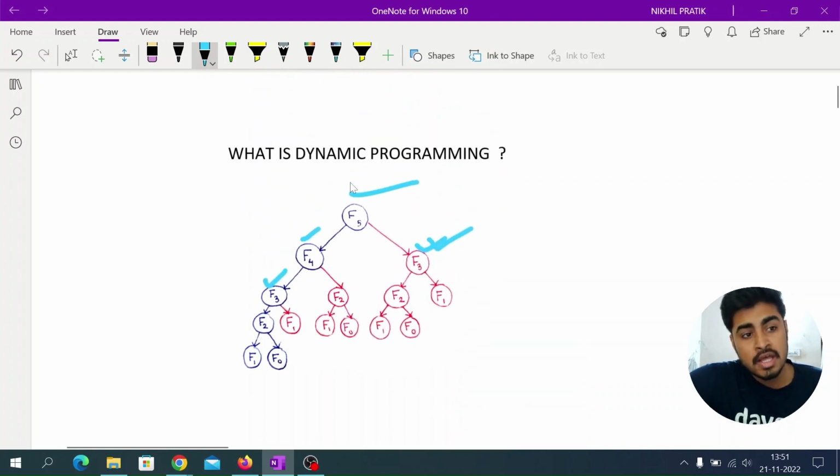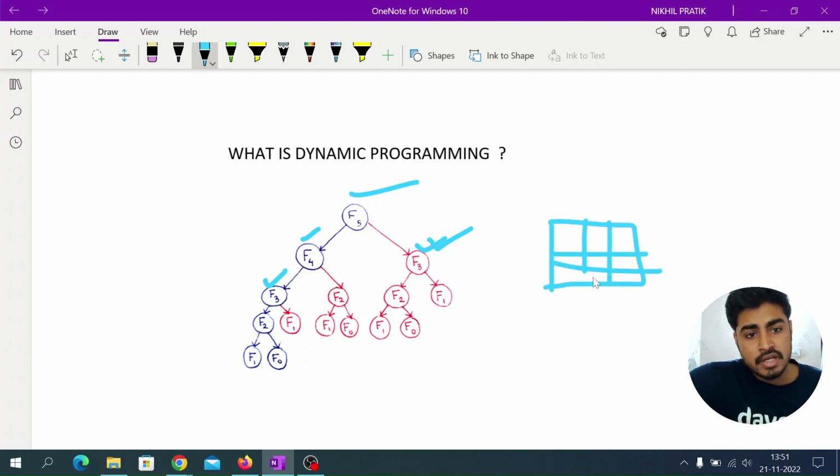We are dividing each problem into sub problems in a recursive tree, but we don't need to compute a sub problem again and again. This will only increase the time complexity and difficulty of the solution that we have devised. So we need to do an optimization. How can we do that? We can store it in a 1D array, a 2D array or a 3D array, depending upon the problem we have in DP.